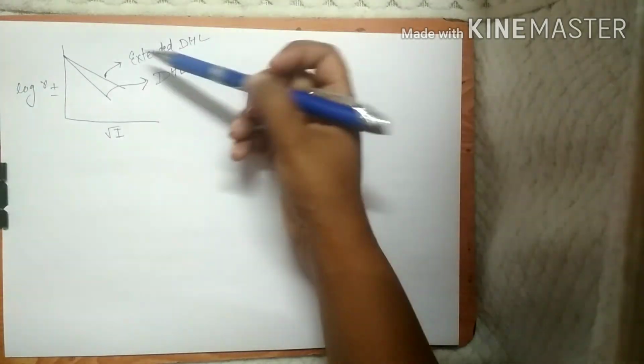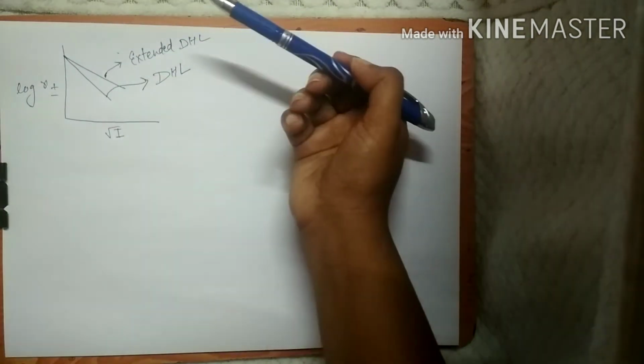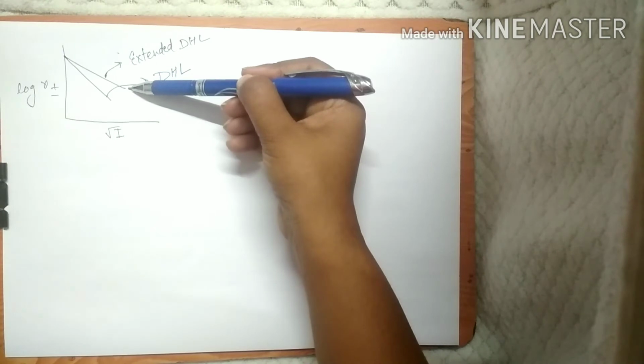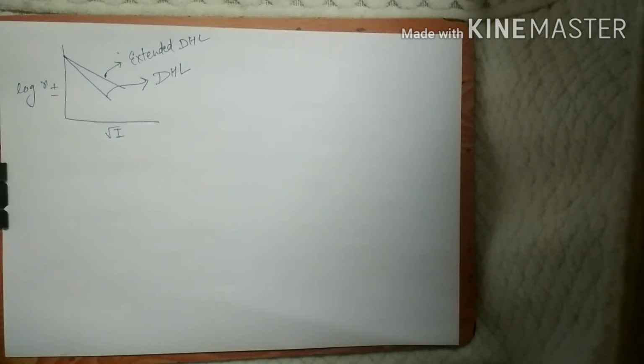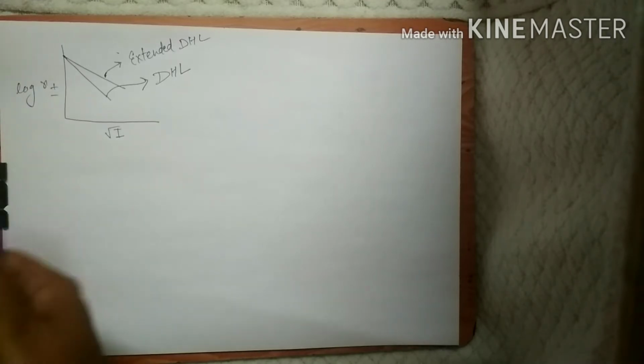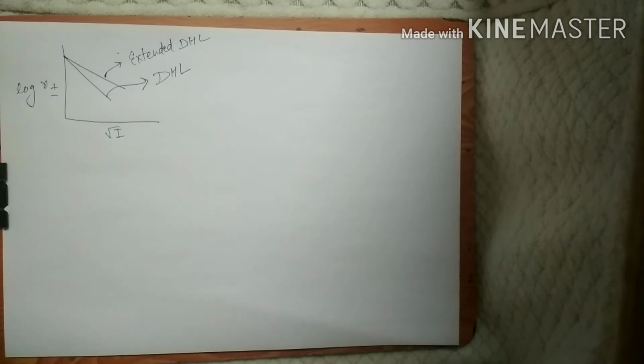According to Debye-Huckel law we'll get a plot like this, and for the extended Debye-Huckel law we'll get a plot like this. So this is all about your Debye-Huckel theory and Debye-Huckel limiting law. Now we'll move on to activity and ionic strength, the terms which we mentioned a few minutes before.